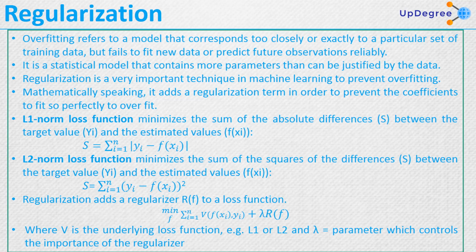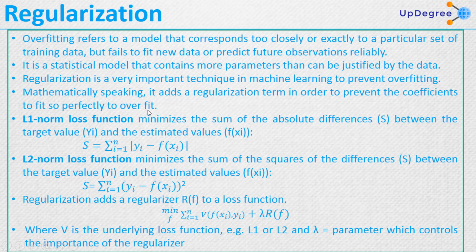As a result, you can increase and decrease the importance in the decisive logic of the outcome in a particular model by using this technique known as regularization. Mathematically speaking, it adds a regularization term in order to prevent the coefficients from fitting so perfectly that they overfit.